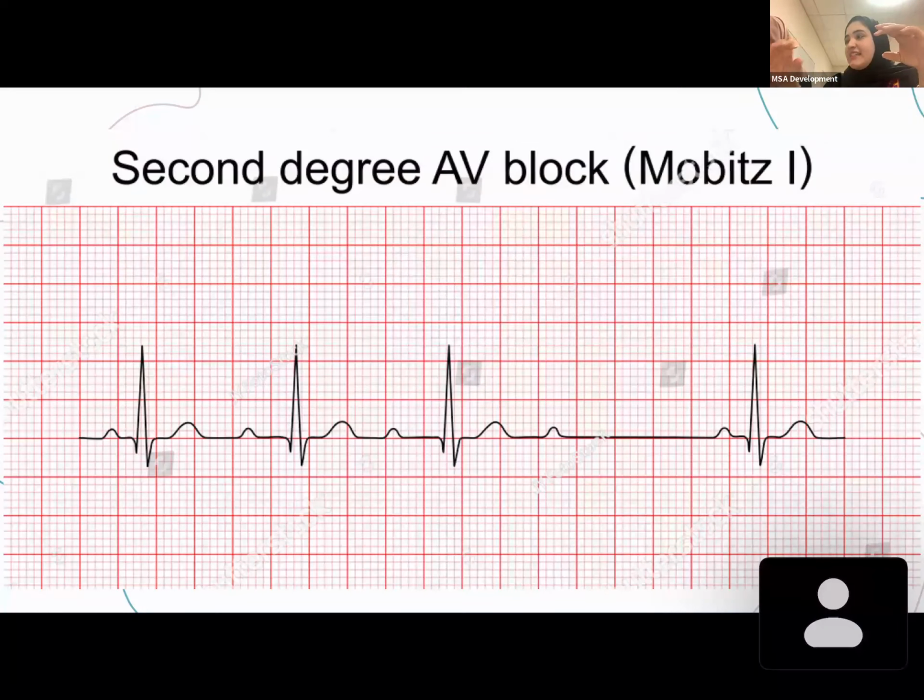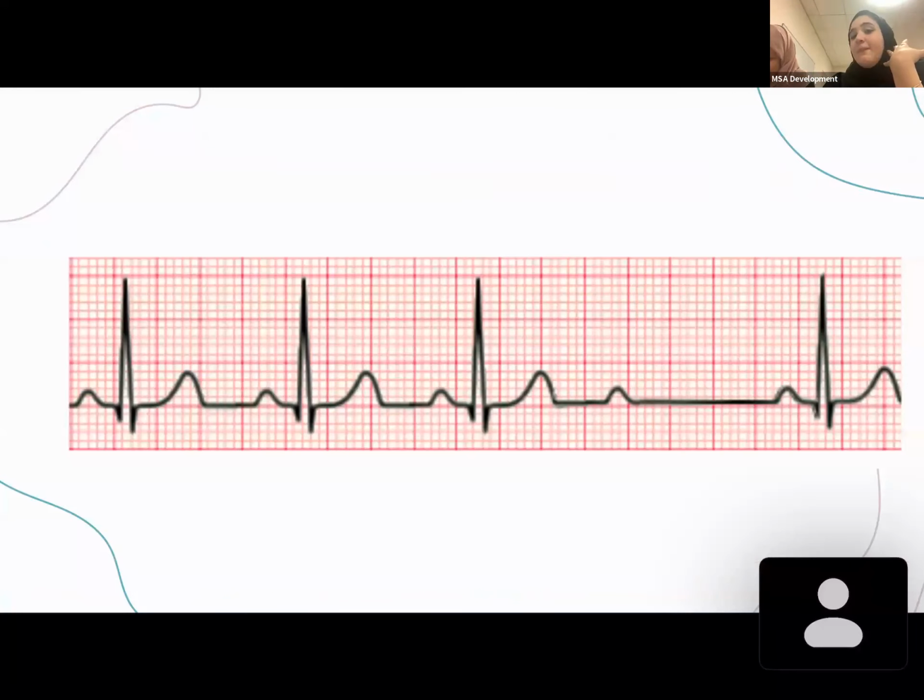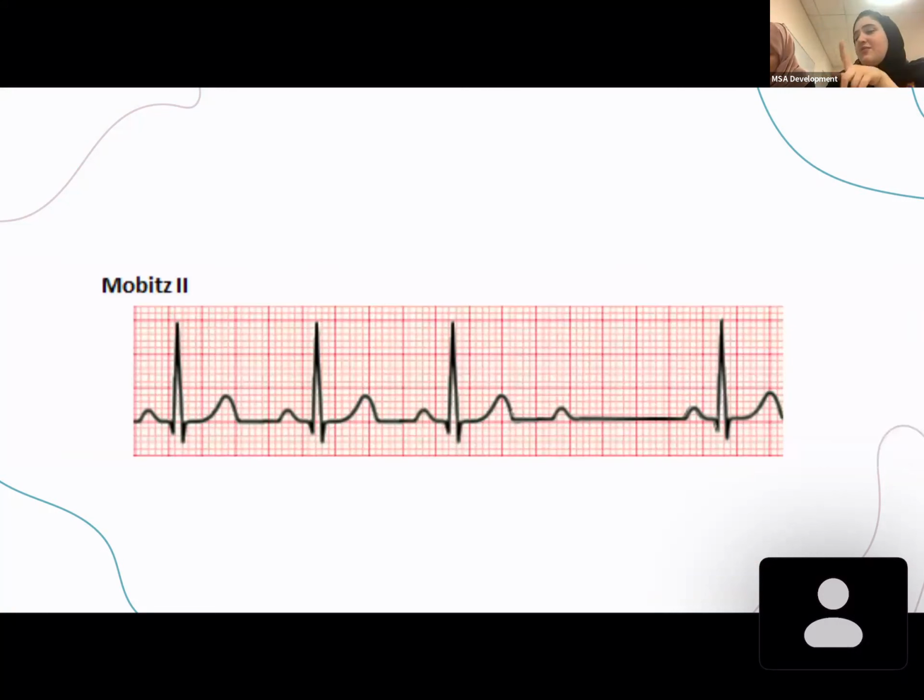But in type 2, he's always there, and then suddenly he just disappears. That's why type 2 is more scary than type 1. It's more dangerous.